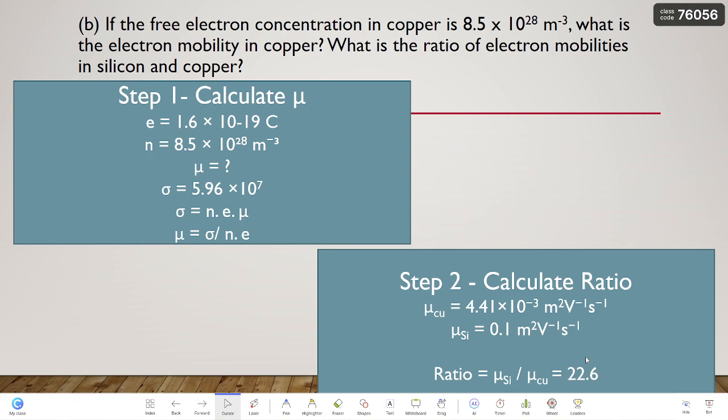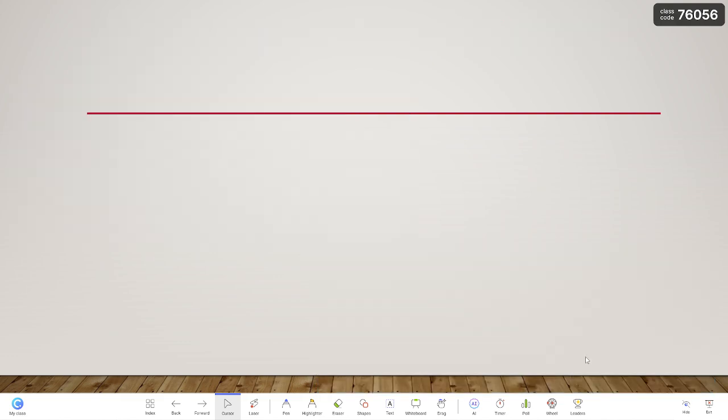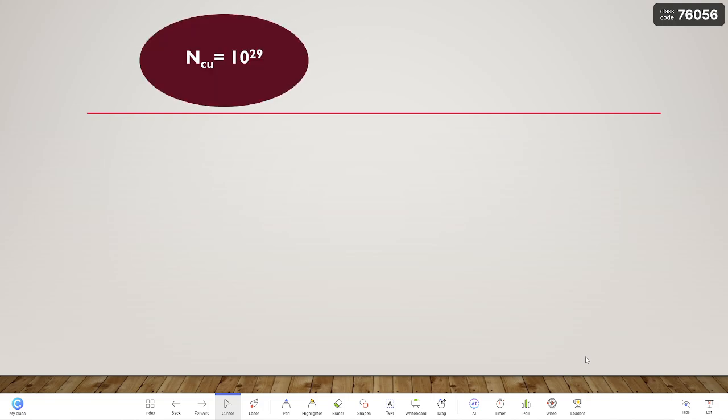Now, everyone is wondering, how can copper conduct better if its mobility is lower? Wait, we will see it. The secret is copper's huge carrier concentration, around 10 to the power 29 electrons per cubic meter, which completely overwhelms its lower mobility.